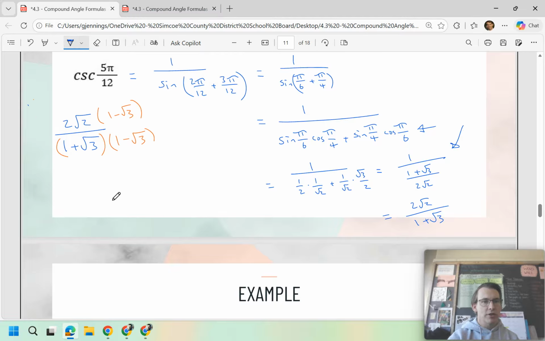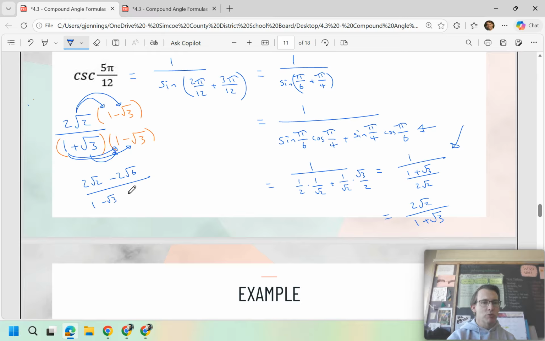Watch. On the top, we'll have 2 root 2, that's this times this, minus 2 root 6. Root 2 times root 3 is root 6, and then 2 times that is 2 times that. Now let's do the denominator. 1 times 1 is 1. 1 times minus root 3 is minus root 3.